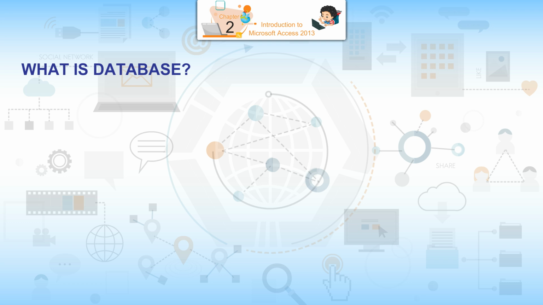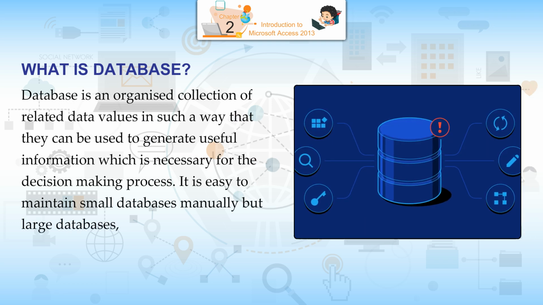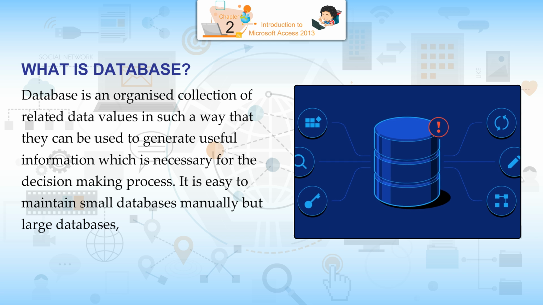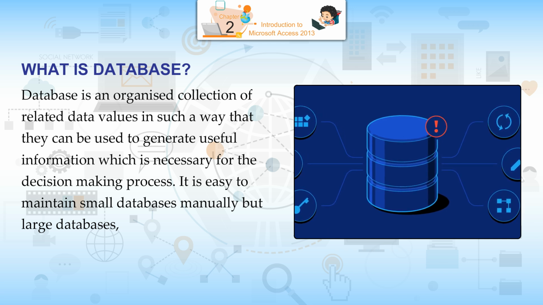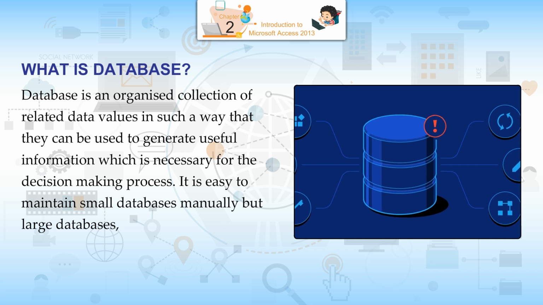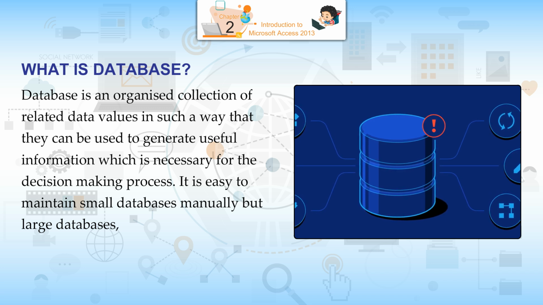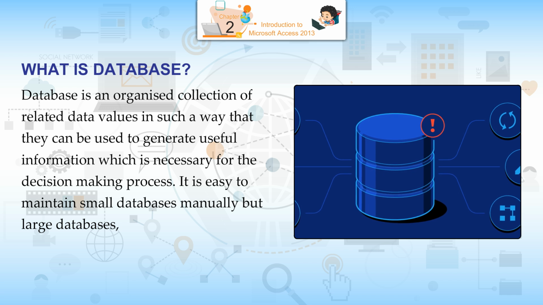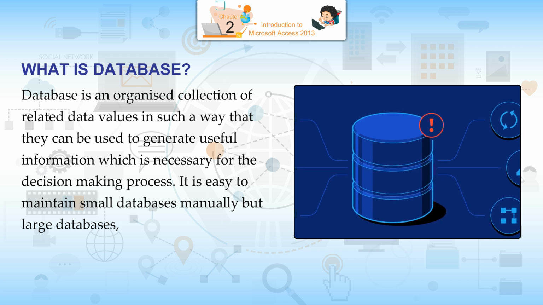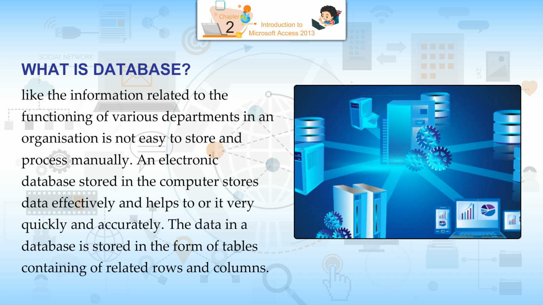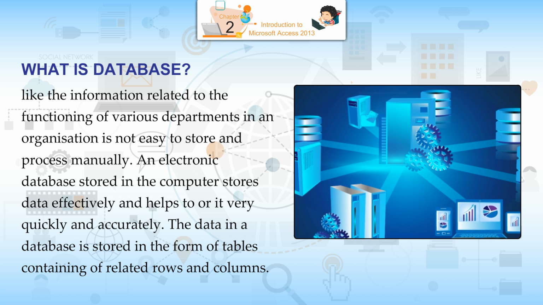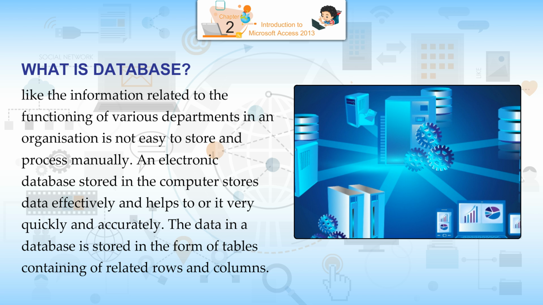What is a database? A database is an organized collection of related data values in such a way that they can be used to generate useful information which is necessary for the decision-making process. It is easy to maintain small databases manually, but large databases, like the information related to the functioning of various departments in an organization, are not easy to store and process manually.